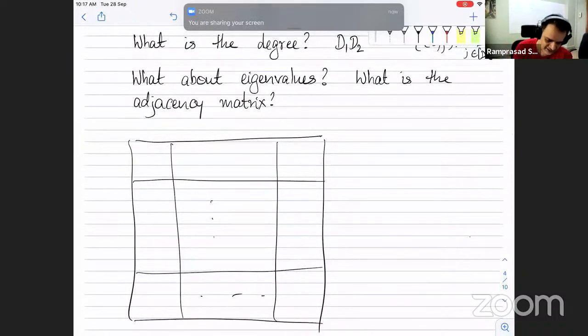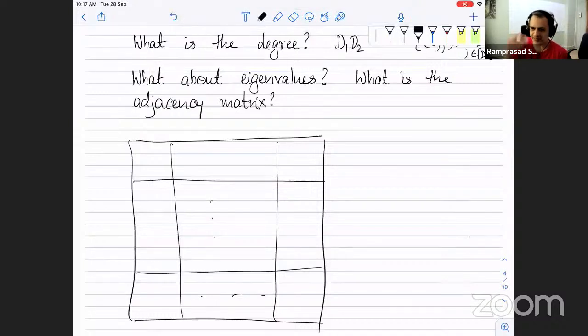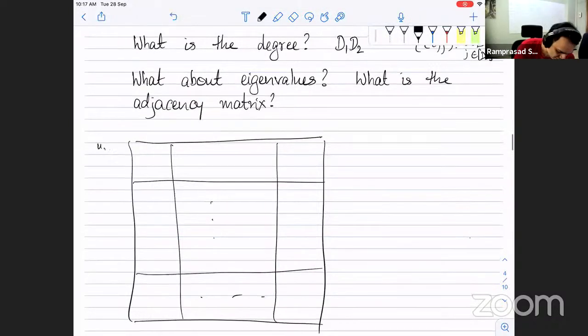The rows and columns of the adjacency matrix are labeled by vertices, but let's call them u1, u2, and so on till u n2. And similarly, this is some u prime 1, and so on till u prime n2.